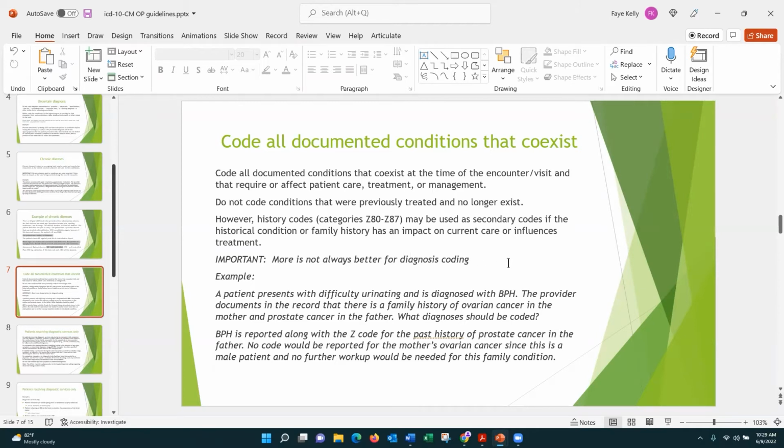And the reason that more is not always better is when you're coding for that physician, if you code diagnoses that should not be coded to get them into a higher level for their evaluation and management, and that specific bill was to be audited and the chart audited along with it, and you incorrectly coded, that is called upcoding.